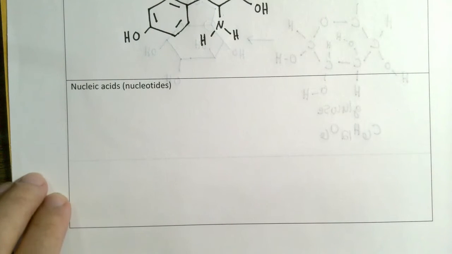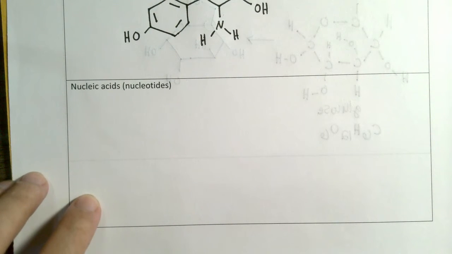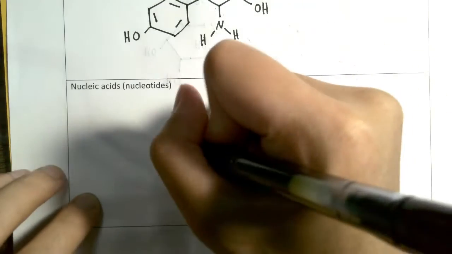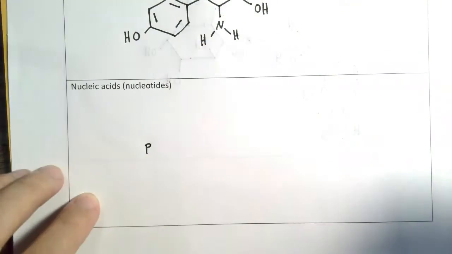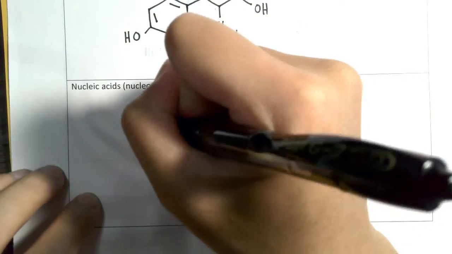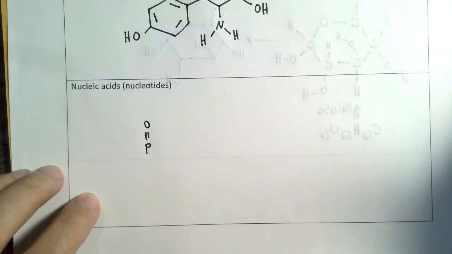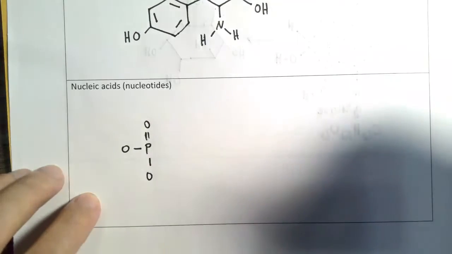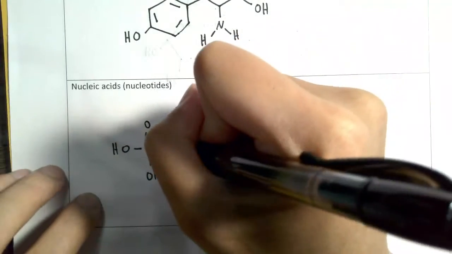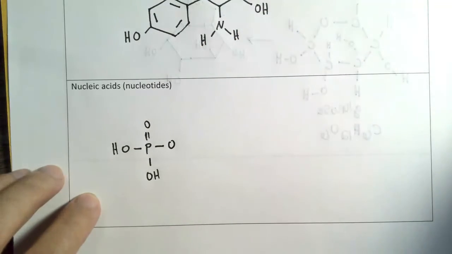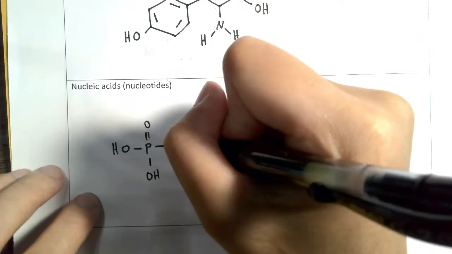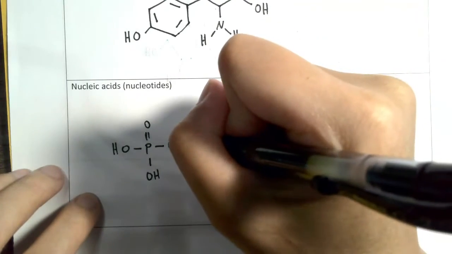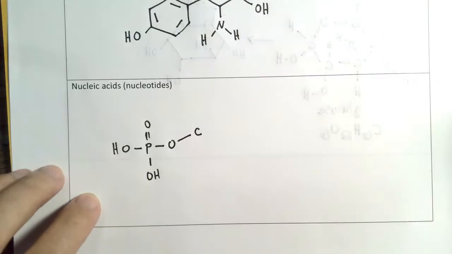And nucleotides will have this generic structure. So first we're going to start with the phosphate group. We have P double bonded to oxygen. And we have OH here, OH on this side. This is connected to an oxygen. This oxygen is connected to a carbon.